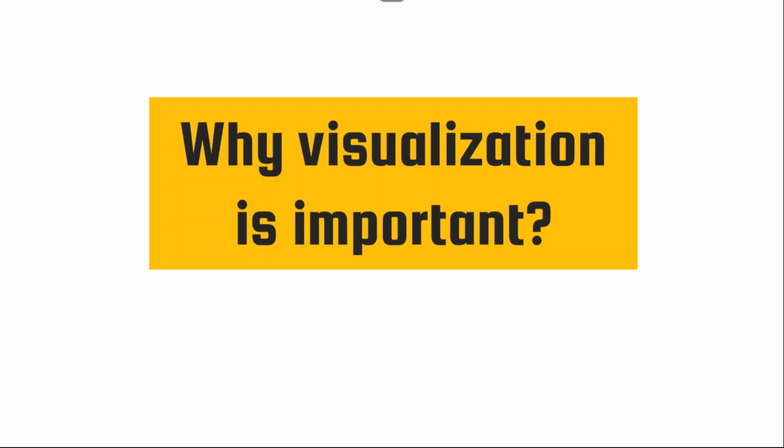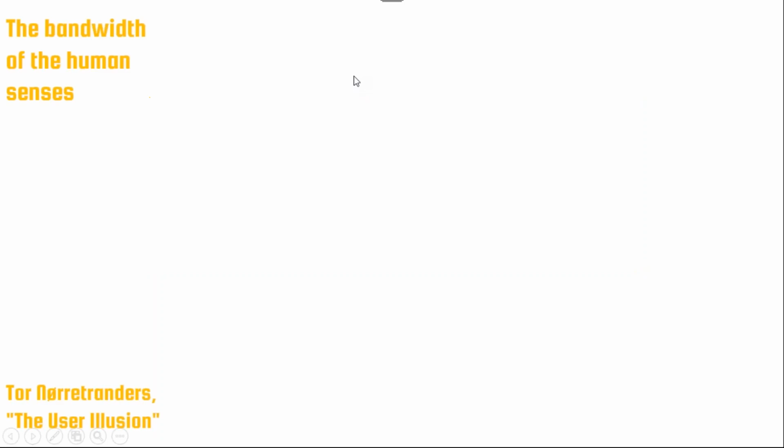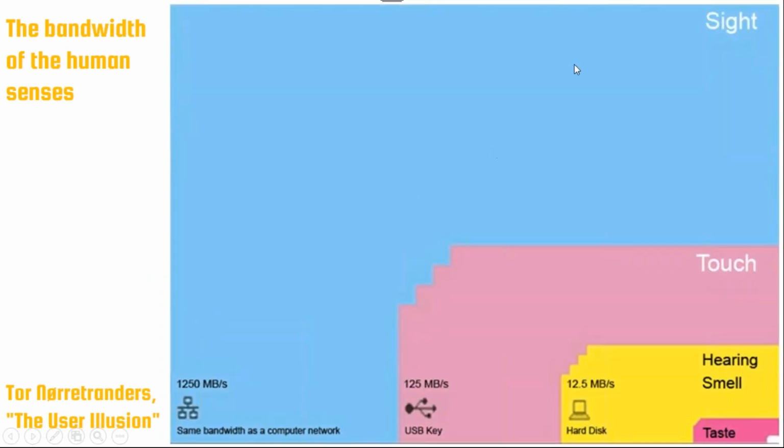He just calculated the bits, the digital digits, and what this physicist Thor Nostradamus found in his book The User Illusion is that actually the sense of sight is the fastest.